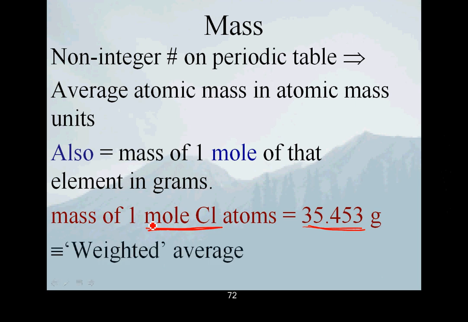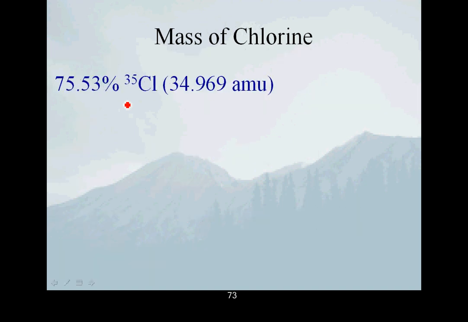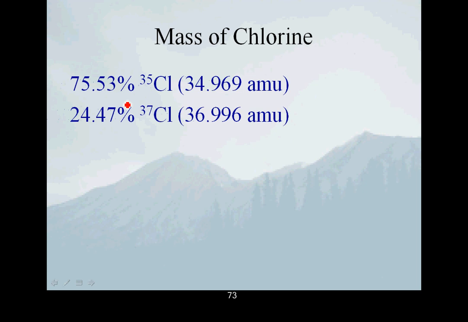Now, remember that 35.453 is an average mass. So let's take a moment to explain a little more what that means. There are two different flavors of chlorine in the world.